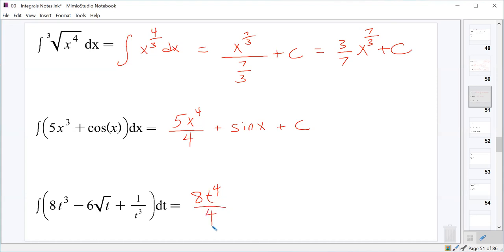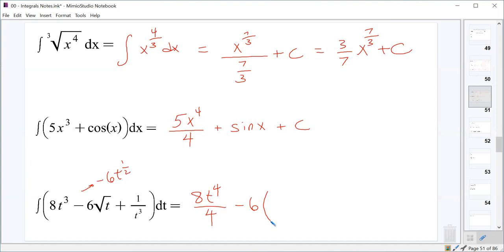And then we've got 6 root t. Well, that's minus 6t to the 1/2, right? Before we integrate it. And so we can then just turn that into a minus 6. And then we've got t to the 1/2, which means we'll go up to t to the 3/2 and divide by 3/2.